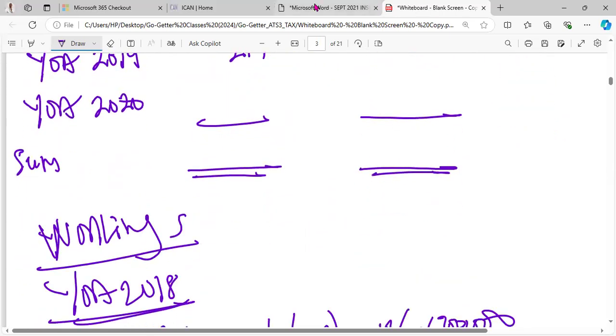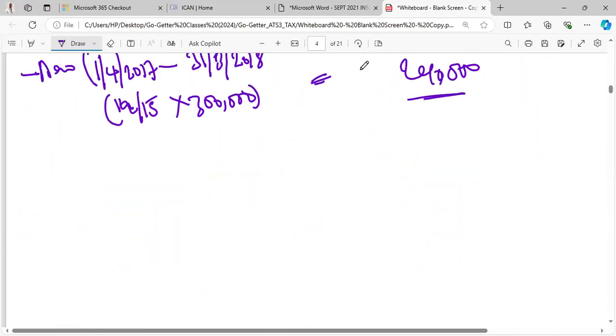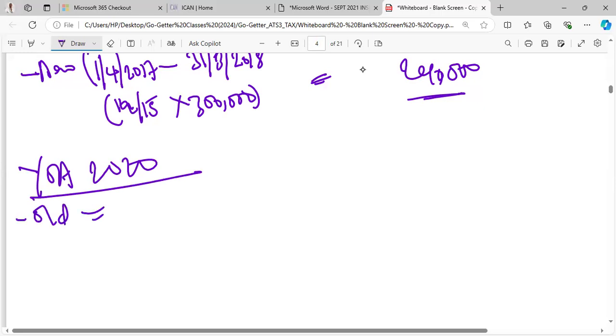Then for the year 2020, so let's go for 2020. Year of assessment 2020. Let's say old. Old is supposed to be from January 1, 2019 to 31st December 2019.